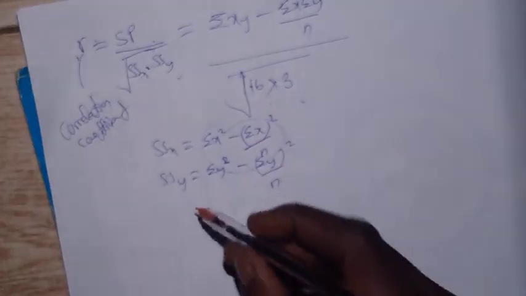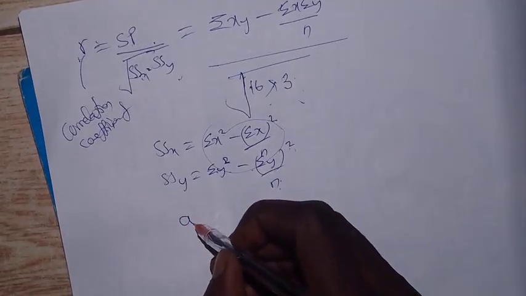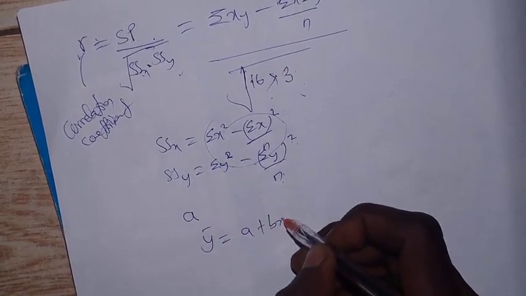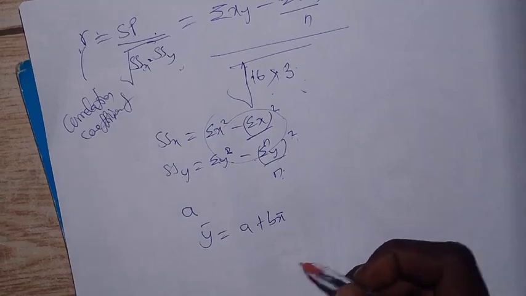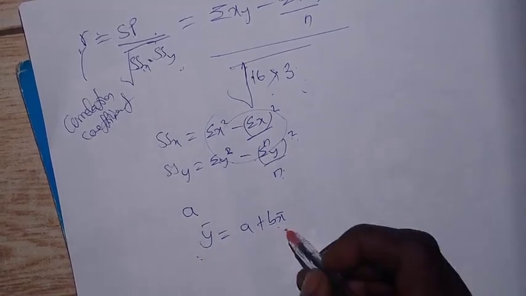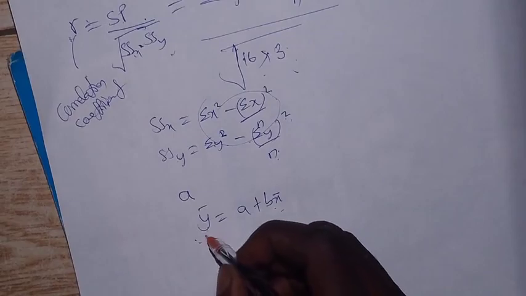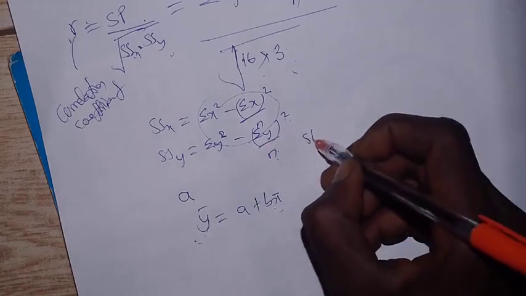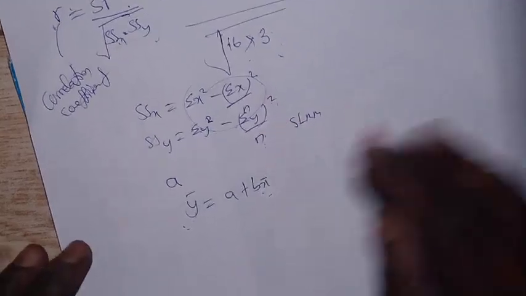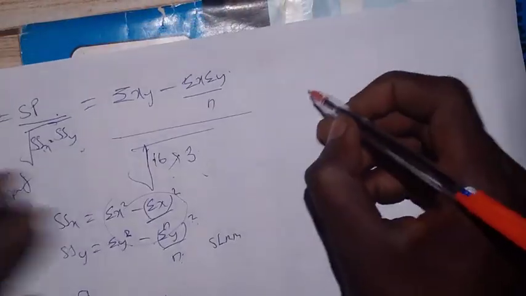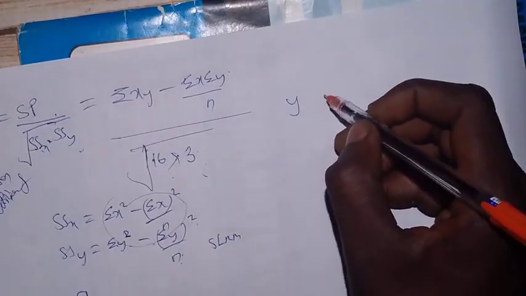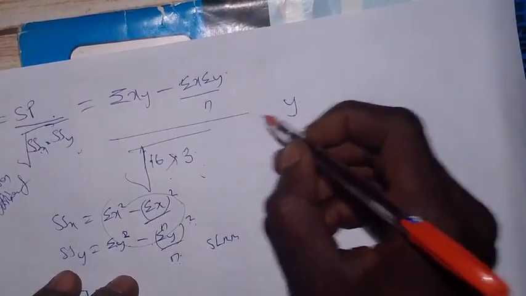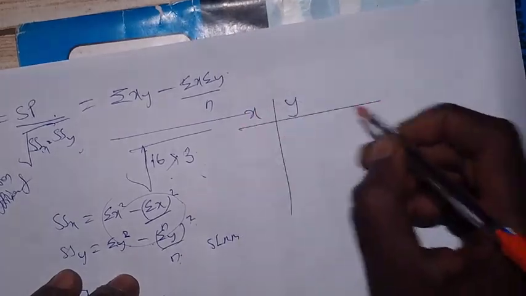Then how do you get your a? Which formula do you use to get a? You know that y bar is equal to a plus b x bar, right? In simple linear regression, you may be given a question like this. This is y, this is x, for instance.